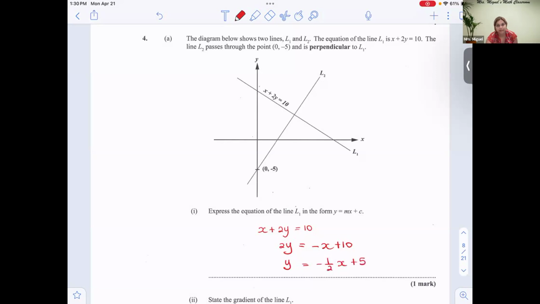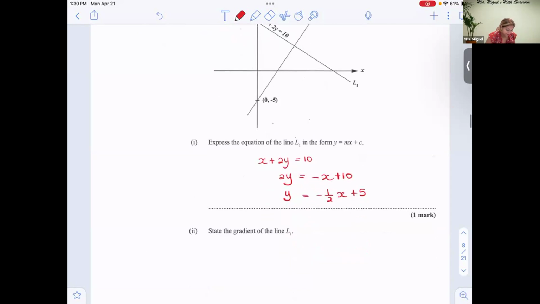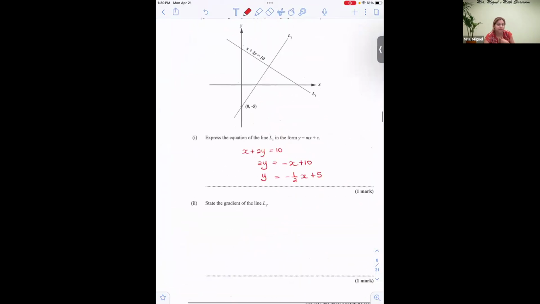Having written that, CXC would have given you your 1 mark, right? Remember, 1 mark is correct answer only. 10 divided by 2 is 5. Now state the gradient of the line L1. They just want to test your understanding of the gradients. So write something for 1 mark.